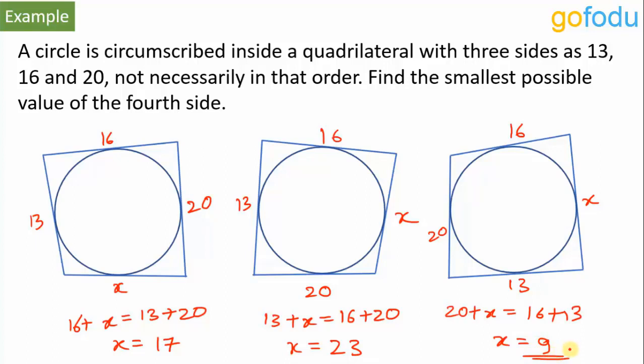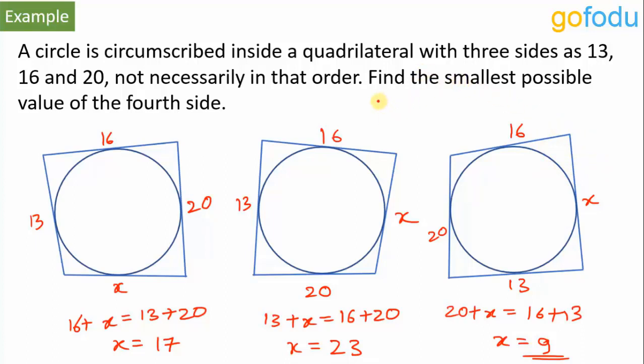Out of all the possible values of the fourth side, the minimum value obtained is 9 units when the side is opposite to the 20 unit side. Now think, was it necessary to solve all three cases? You could have directly taken this third case where the unknown smallest side is opposite to the largest side.